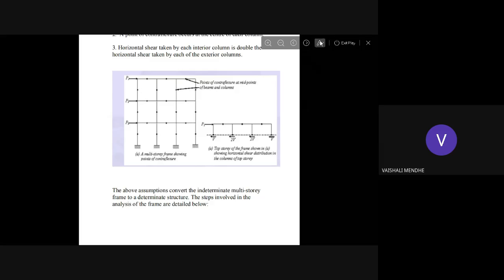Suppose the height of the top story is 4 meters; the point of contraflexure is located at the middle of that height. The moments we are finding are at the end of the column and the end of the beam. So with the help of this shear we have to find the moment at this end of the column. Suppose this is a column, and you have to find the moment at this end of the column, and the point of contraflexure is located at the center of the column. So we'll consider this section.